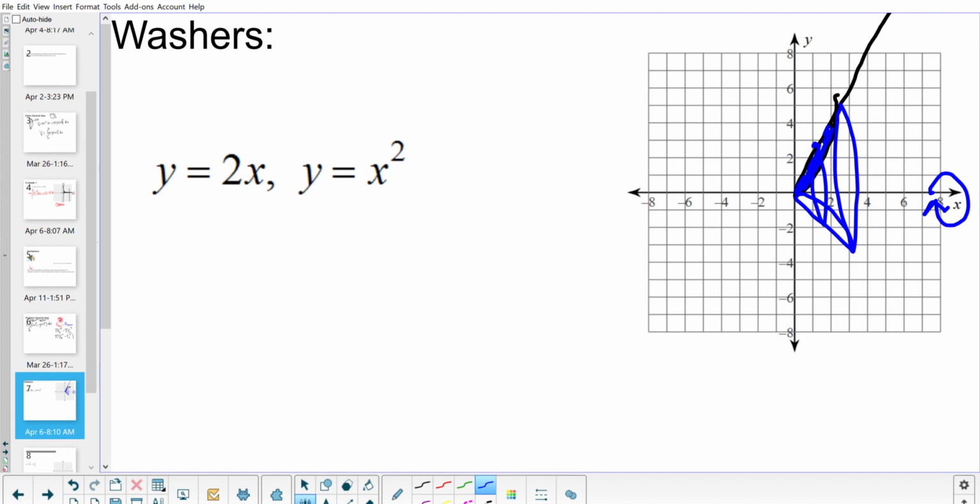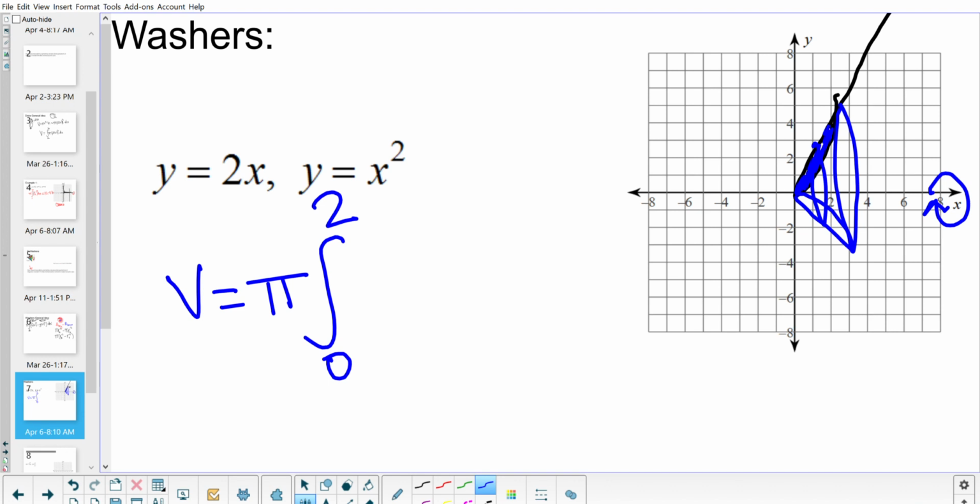Rotating that around, the volume would be pi outside, and the x values we're going from are 0 to that point of intersection. Oh, sorry, the y value is 4; the x values are 0 to 2.